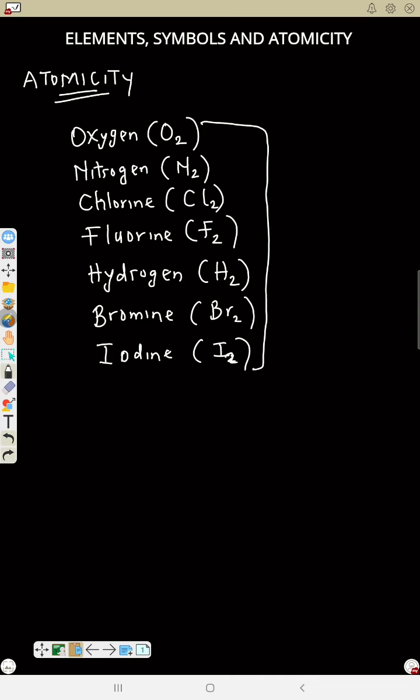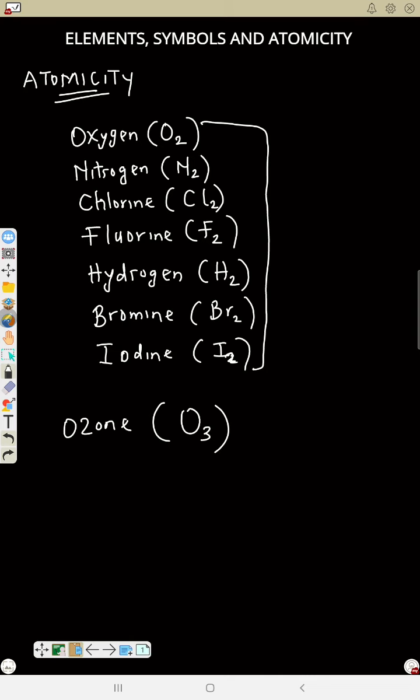Now, an element can be triatomic if it contains 3 atoms in its molecule. Example of triatomic is ozone. Ozone is O3. As you can see, the number of atoms here is 3, so it is triatomic.